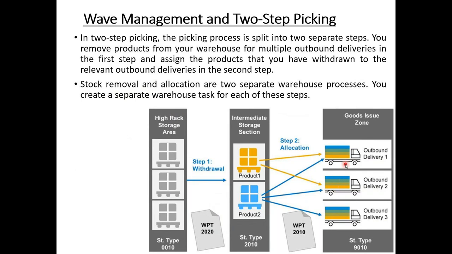Either your resource will go into the bin, take 1 carton of apple and load it into the truck, or he can pick all 3 cartons, bring them to the intermediate area, and from there segregate and load them into the trucks. That is a wave process.